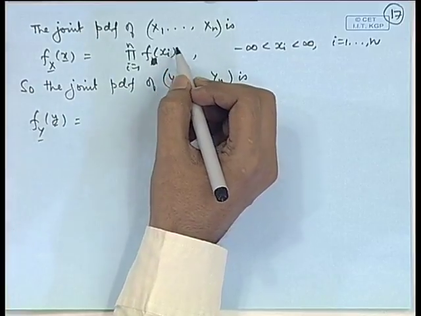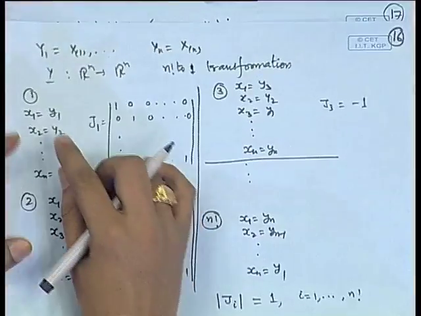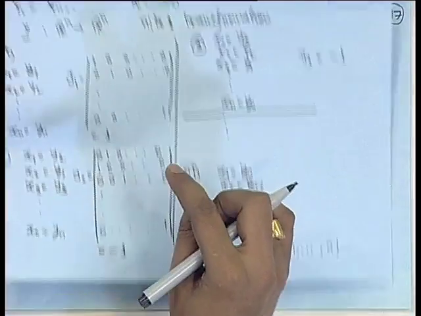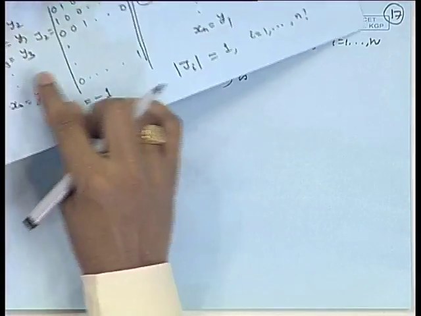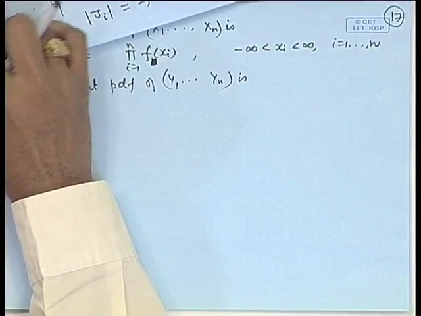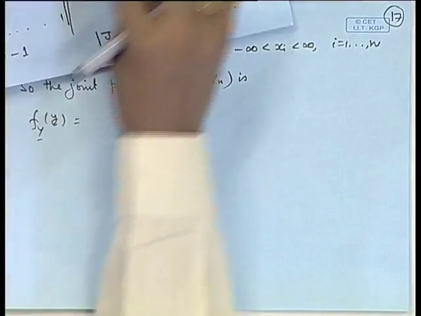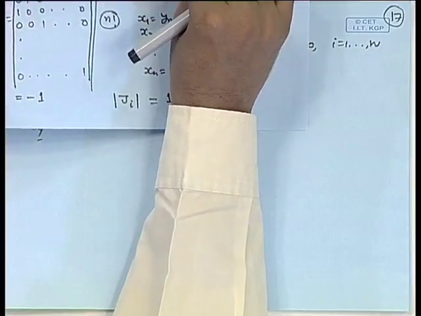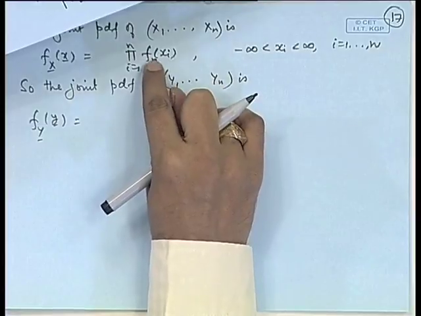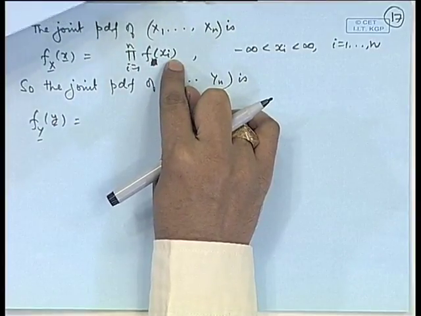Now, in the first region we will substitute x i is equal to y i, multiply by 1. In the second region we will multiply by 1 and substitute x 1 is equal to y 2, x 2 is equal to y n, etc. Notice here that in each of the cases it is only a permutation of y 1, y 2, y n. Since it is the product of all these terms, it will always give the total product of f of y 1, f of y 2, f of y n.